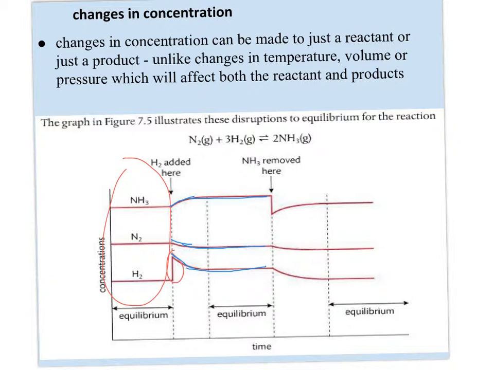And then if we remove the NH3, which is done here, as soon as you remove the NH3, suddenly there's fewer collisions on the NH3 side, so some of the reactant starts replacing it, and we see a decrease in those two reactants as they start making more product on the other side. So this graph clearly shows the effect of adding a reactant or removing a product.